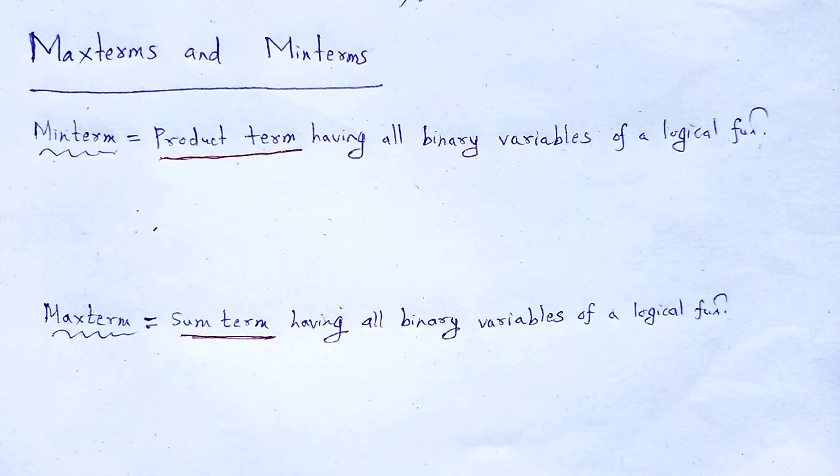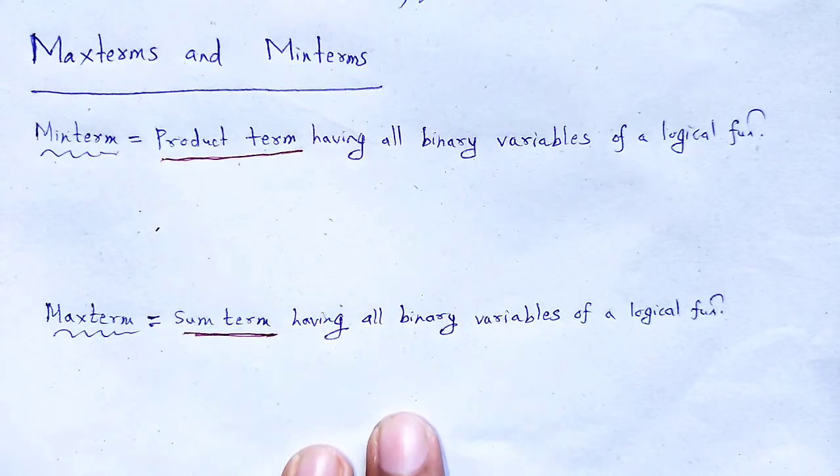Let us take an example. If we take two variables, what are the possible inputs for two variables?